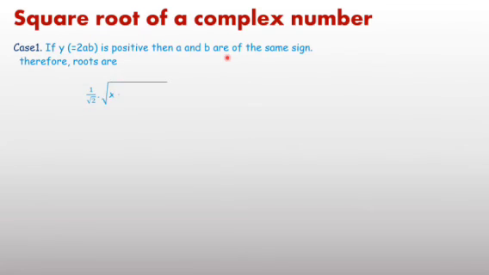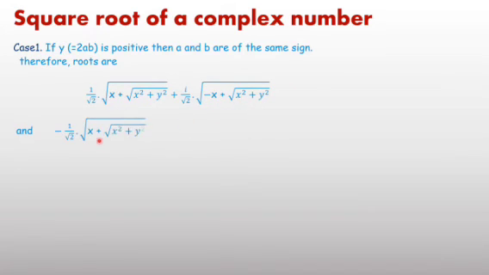Because if the product of two numbers is positive, only two cases are possible: both negative or both positive. If both positive, then one root you will get is 1 upon root 2 under root x plus under root x square plus y square plus i upon root 2 under root minus x plus under root x square plus y square. And if both negative, then the second root you will get is this.